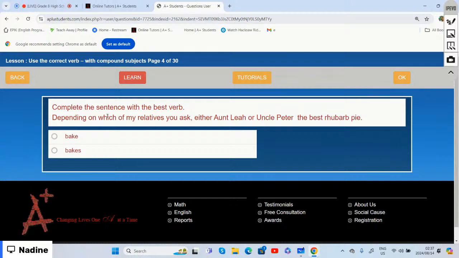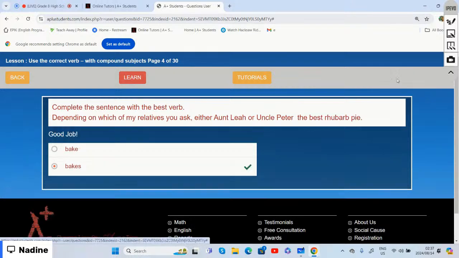So it's either Aunt Leah or Uncle Peter, meaning it is one of them. And if we were to choose the correct verb, then we can say bakes, because it's either Aunt Leah that bakes or Uncle Peter that bakes the best rhubarb pie.